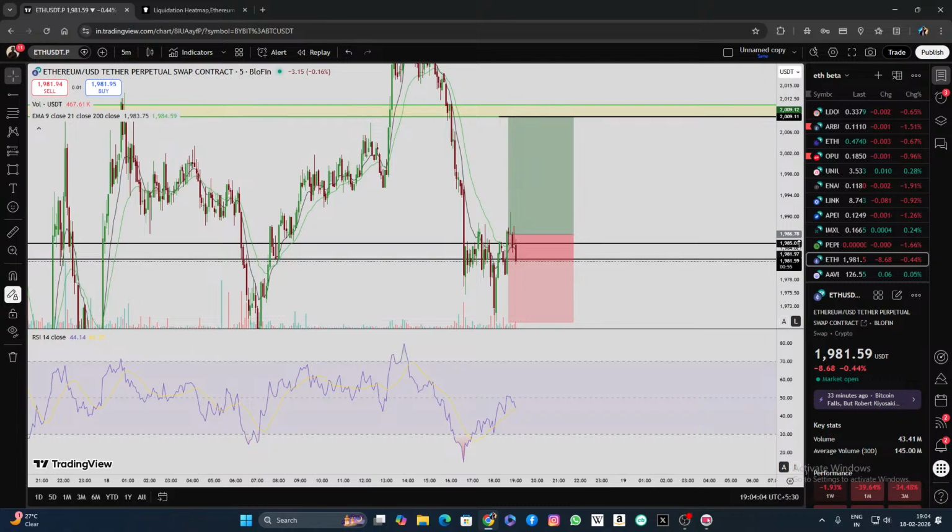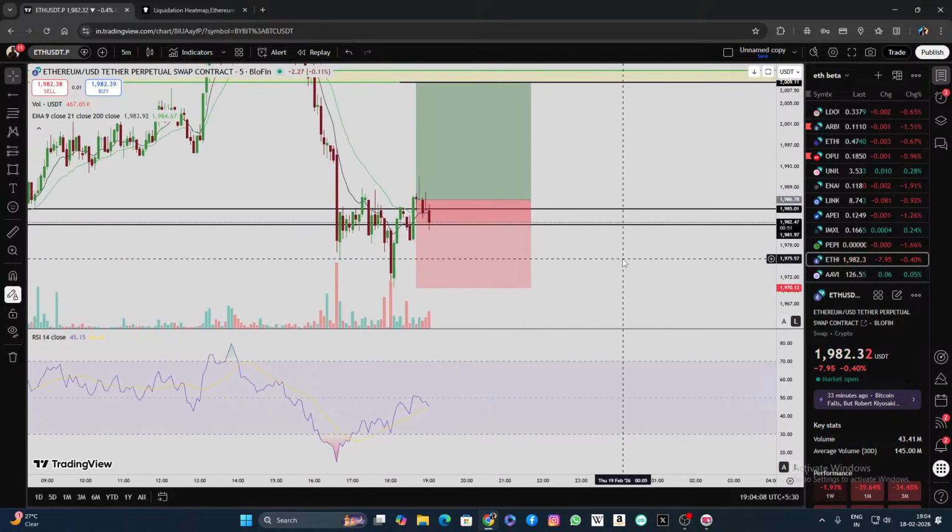Candle close below this and I will close the trade, but as of now it's still holding.